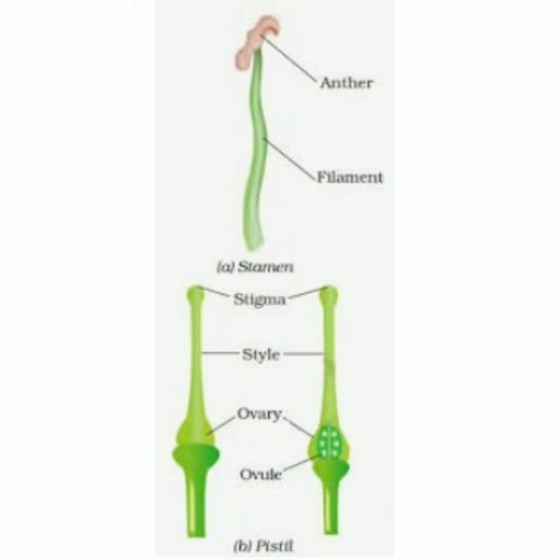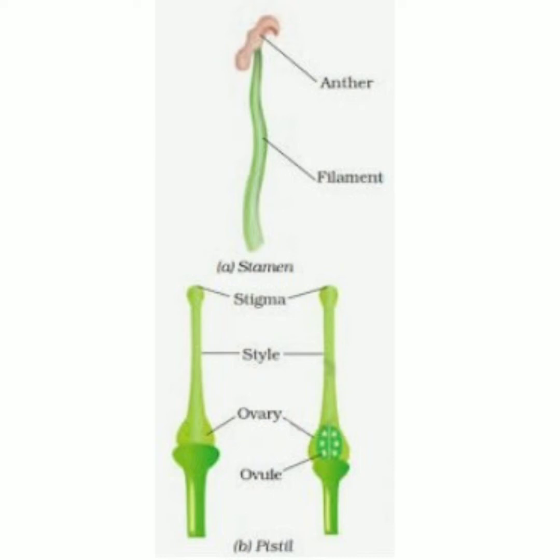Corn, papaya and cucumber produce unisexual flowers, whereas mustard, rose and petunia have bisexual flowers. Both male and female unisexual flowers may be present in the same plant or in different plants.